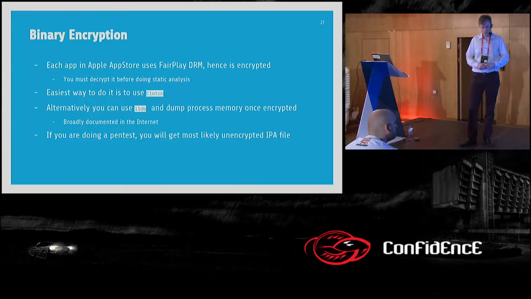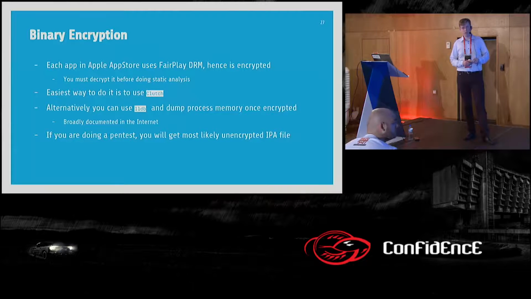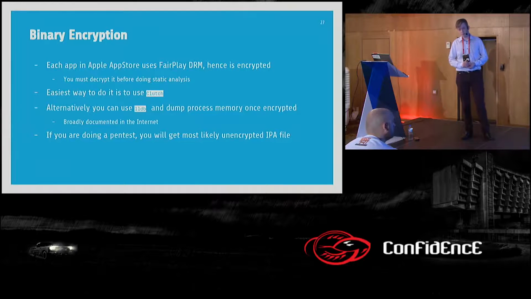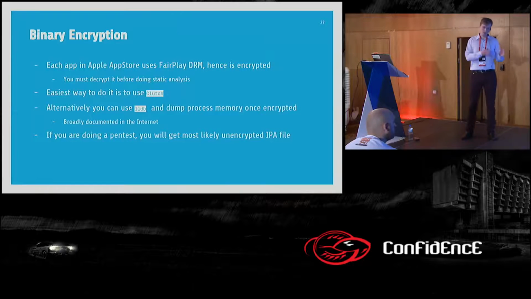Now, the binary encryption. Actually, this applies only to the binaries that you download from the Apple App Store. Because the Apple App Store uses Apple's own DRM, which means that the binaries are encrypted. Now, obviously, if they run on the device, they must be somehow decrypted, so you can get them.